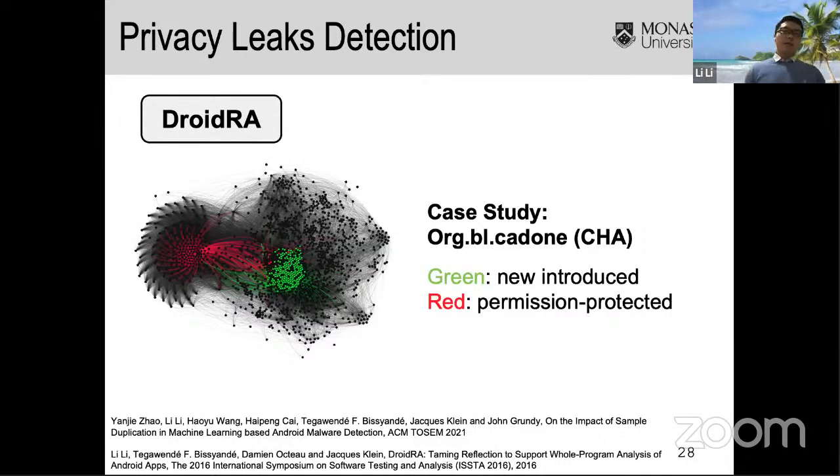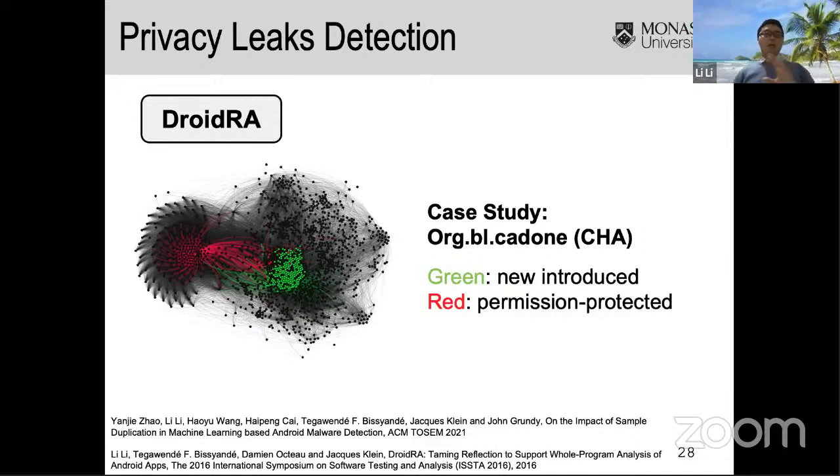This figure actually shows an example we obtained, which is a call graph example from an app. Here, the black points show the original methods involved in the call graph, while the green and the red points are those methods that are actually accessed through reflection.